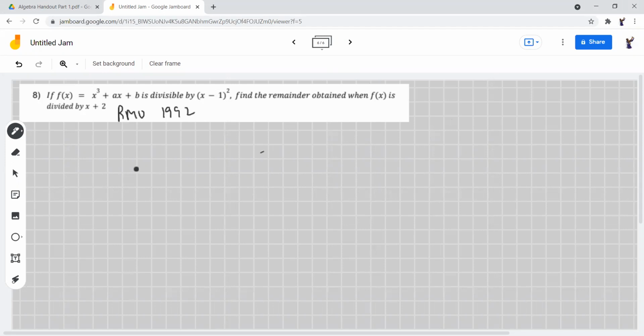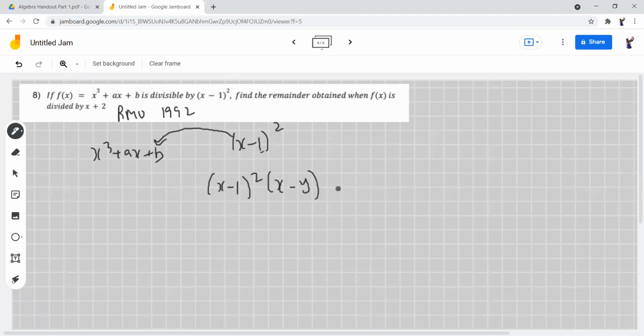So I have x cube plus ax plus b, and I have this as the first equation, and I was told that x minus 1 whole square divides this. So I can say that x minus 1 whole square into x minus something, x minus y, equals x cube plus ax plus b.